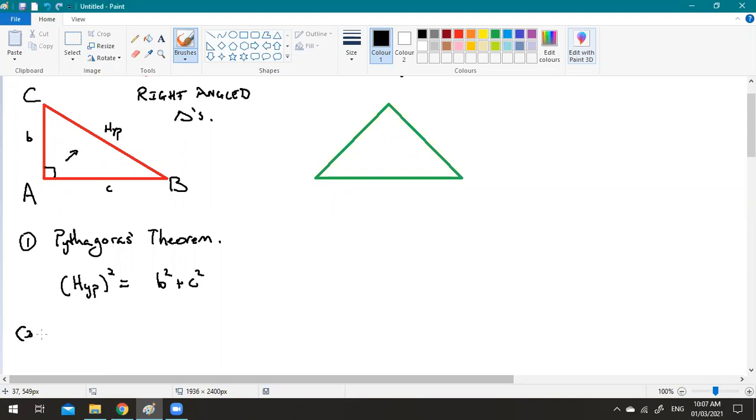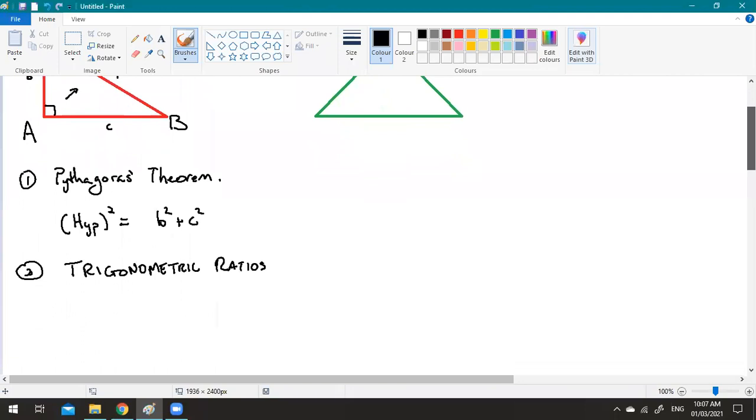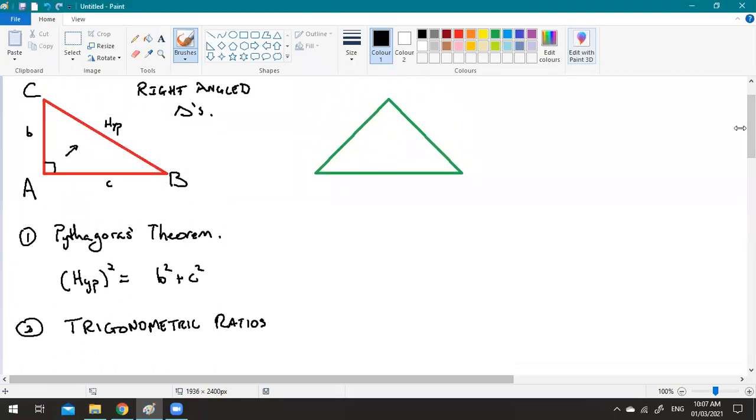And then the second rule we can use is the trigonometric ratios. Anybody remember what the trigonometric ratios were? No, sir. All right.